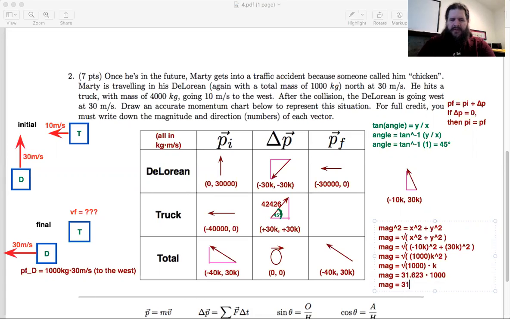In other words, 31,623. So that would be the magnitude here. The truck's final momentum is 31,623 kilogram meters per second in this certain direction. Any questions on that magnitude so far?